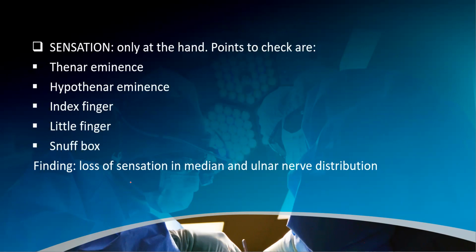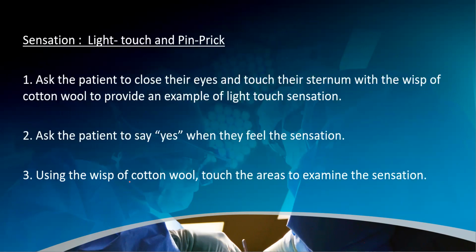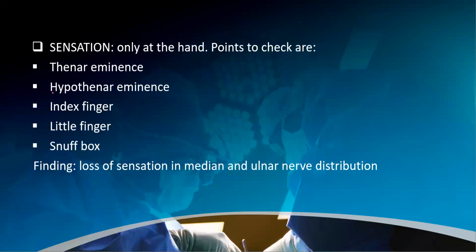Most likely, if this patient has a median and ulnar nerve injury, you will have loss of sensation in the whole palmar aspect. Now, maybe you will not have enough time to discuss how to check sensation. Don't bother with that. Just explain that you are going to do that with the cotton wool.